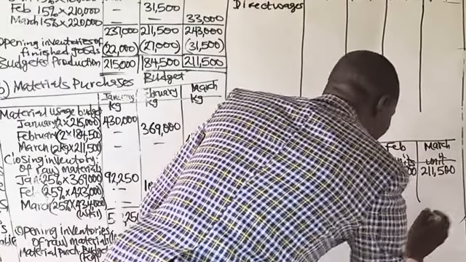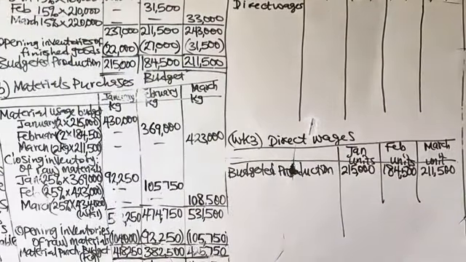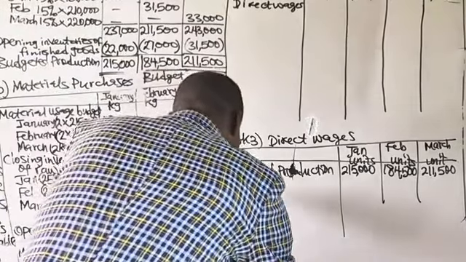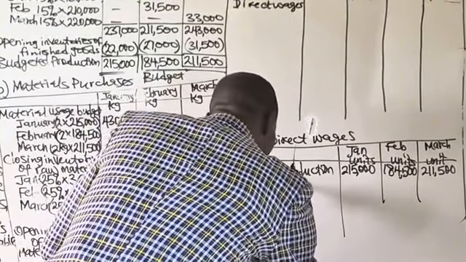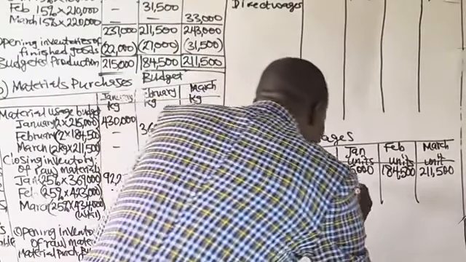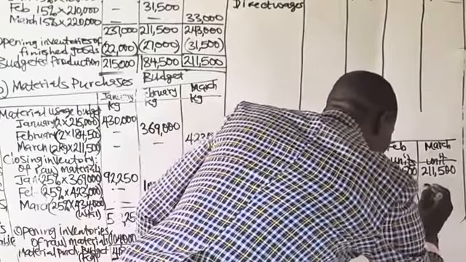211,500 units. Then you now multiply the budgeted production by the standard rate per unit. The standard rate per unit is 6 naira as given in the question.